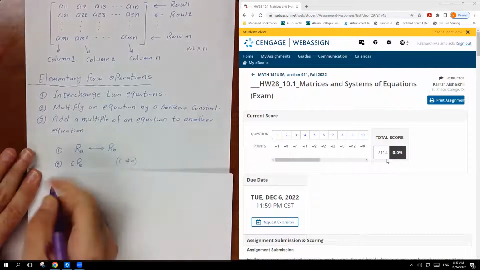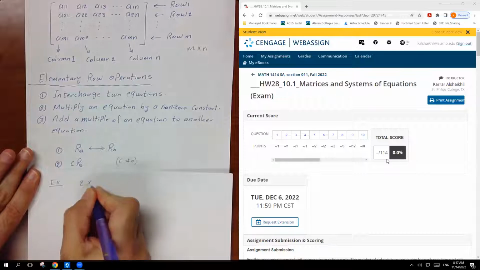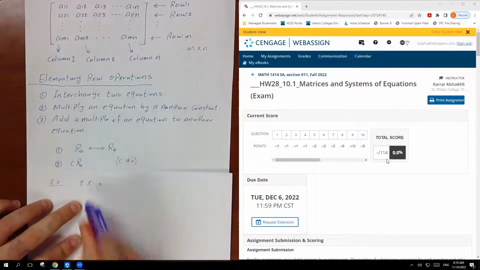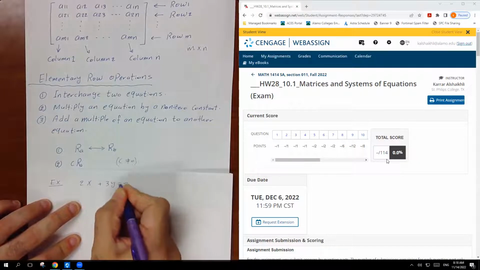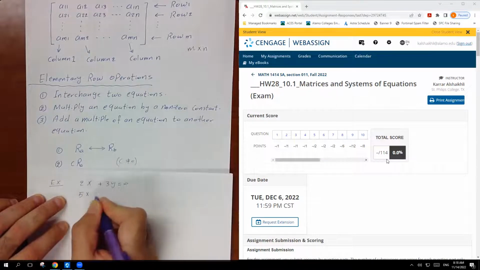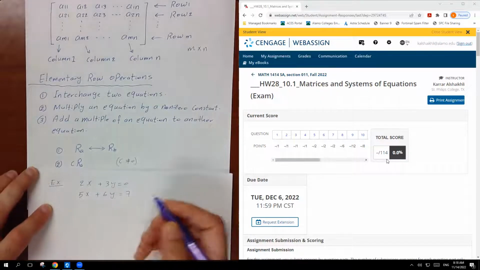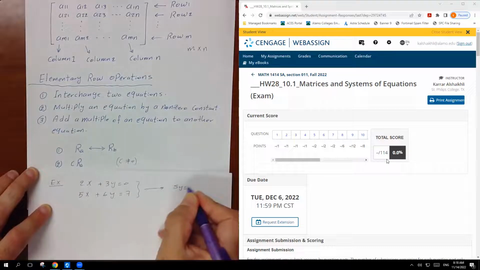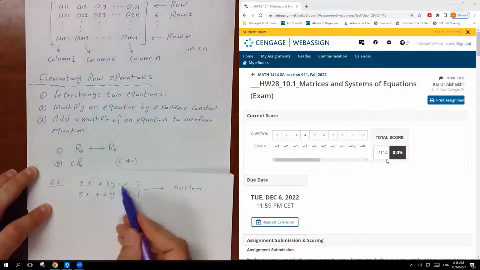We have this system: 2x plus 3y equals 0, and the other equation is 5x plus 6y equals 7. So this is a system with two equations, number 1 and number 2.